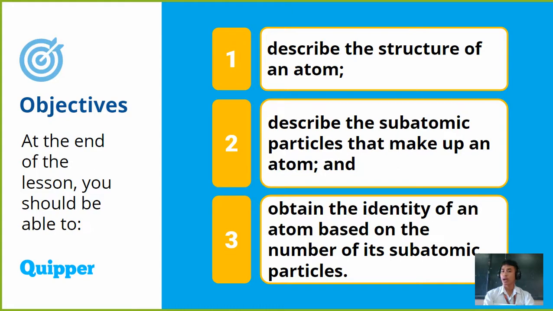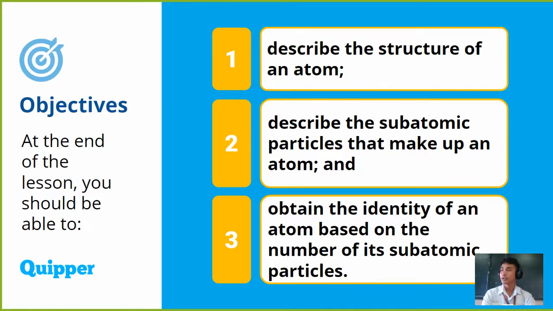Okay, so yung first objective natin ngayon is grounded to the different models, especially the model of Ernest Rutherford and Neil Bohr, because those are the very recent models which we developed in our discussion.